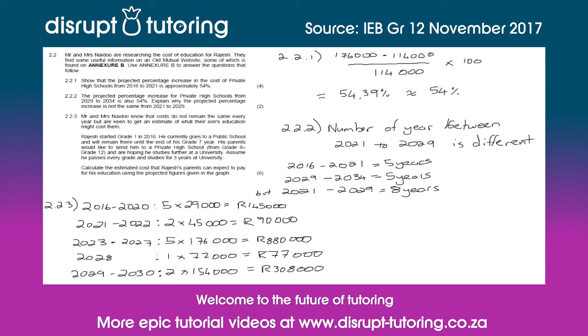So now we need to add all of these together. I'm just going to do it here. Put all of these in your calculator: it's this 145,000 plus the 90,000 plus the 880,000 plus the 77,000 plus the 308,000, and in your calculator it comes to 1,500,000, and the units here are rands, so I'll put the R there.